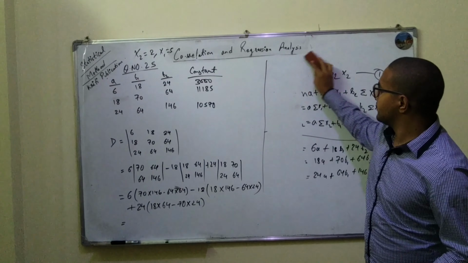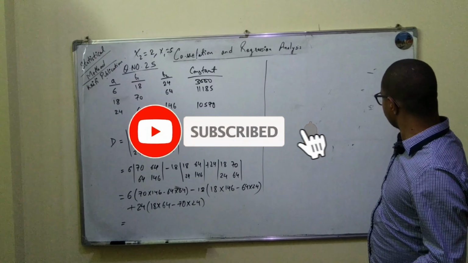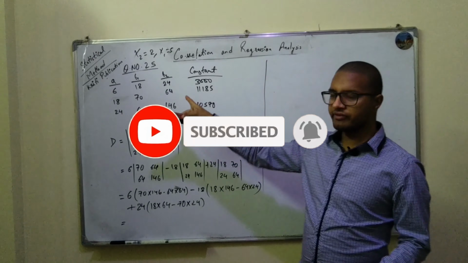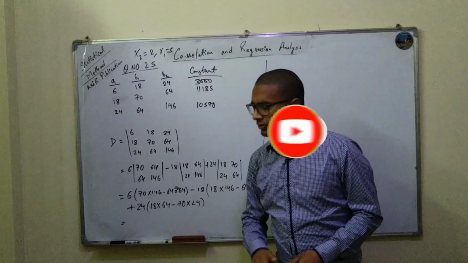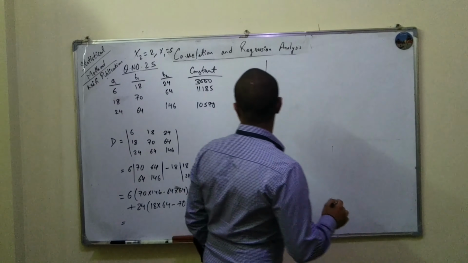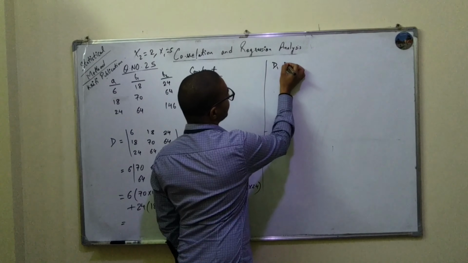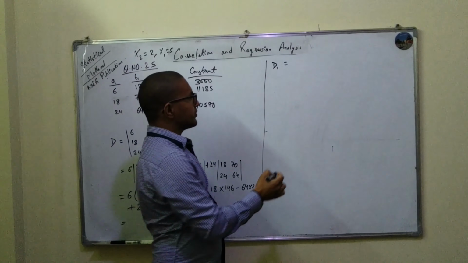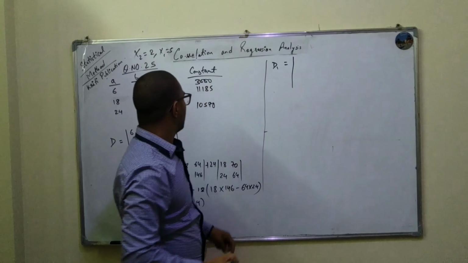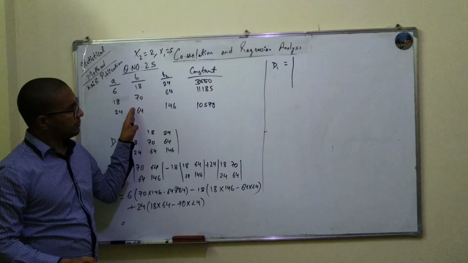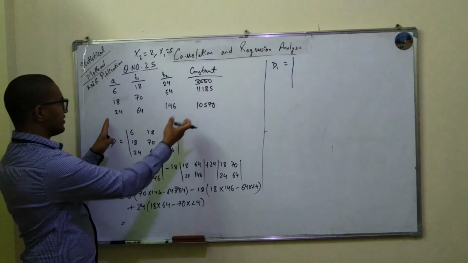Since we know the values already, for D1 we will change A with the constant, just changing the values over here.